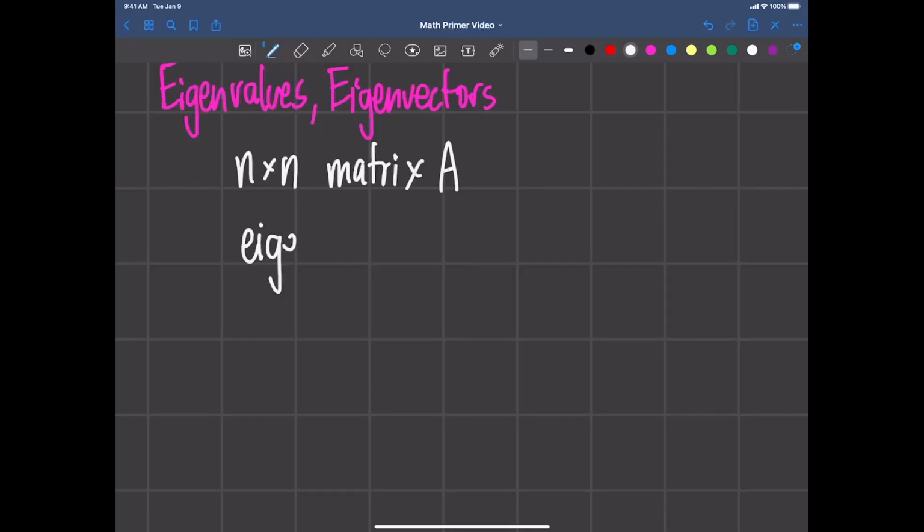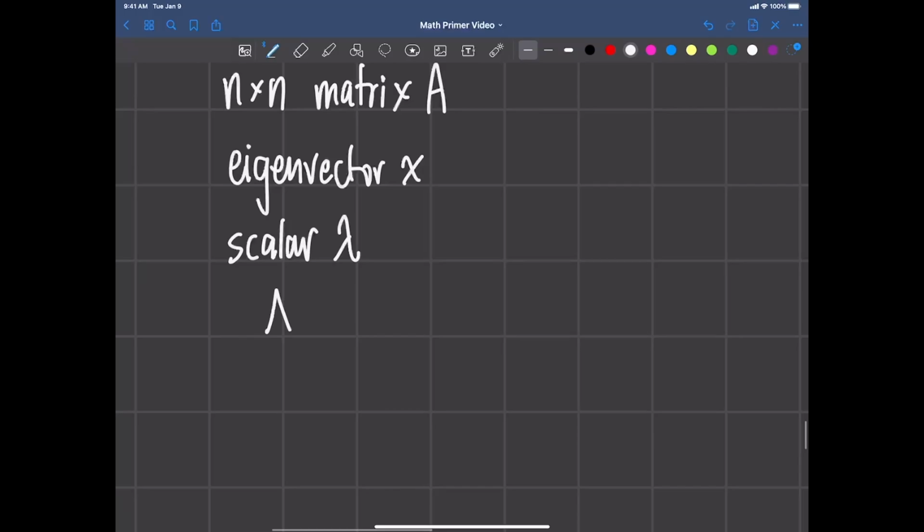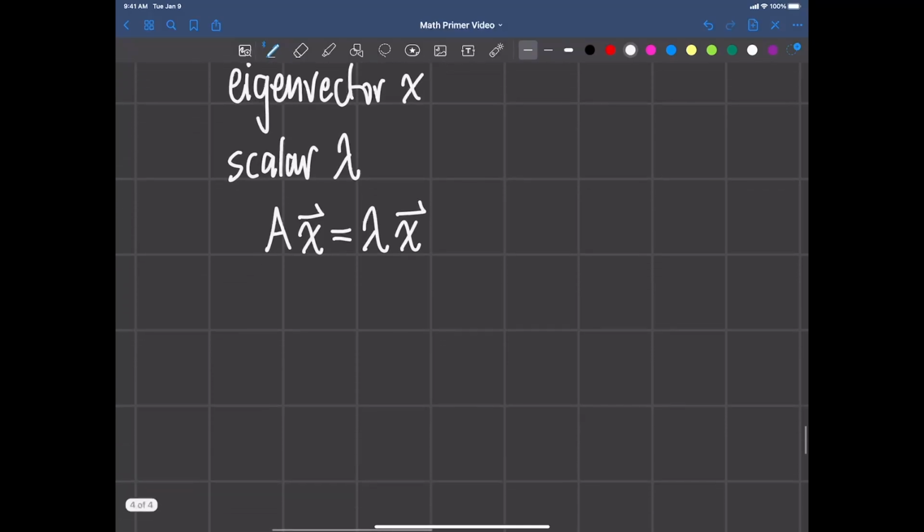So we say that the square n by n matrix A times the vector x is equal to the scalar lambda multiplied with the vector x. The scalar lambda is also known as an eigenvalue, or a characteristic value.